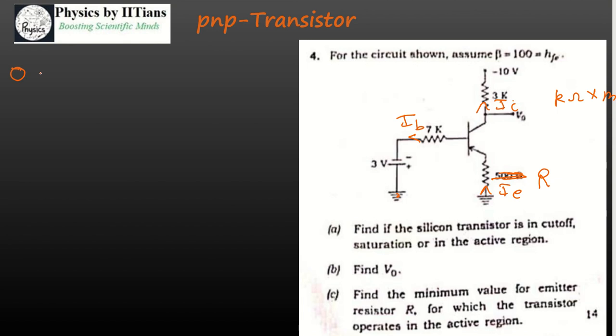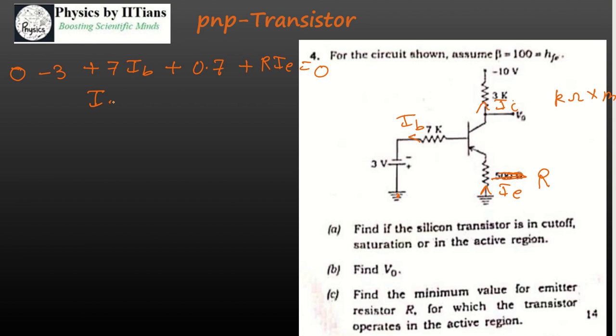We write 0 minus 3 for this potential source, then plus 7 IB, then the base to emitter voltage, that is 0.7, then the voltage across this resistance R, that is R times IE, and we are going back to the ground.